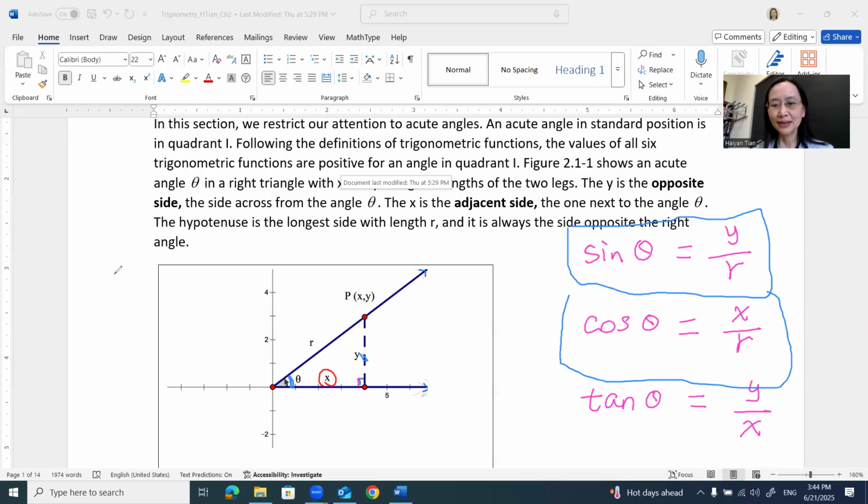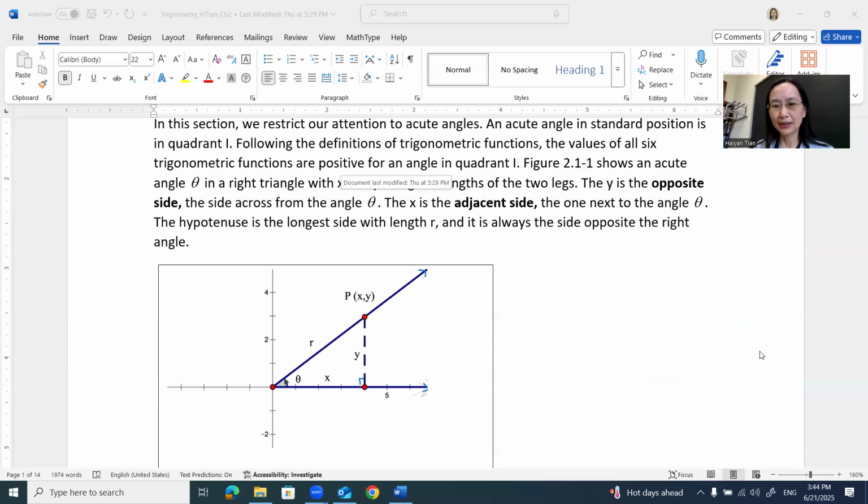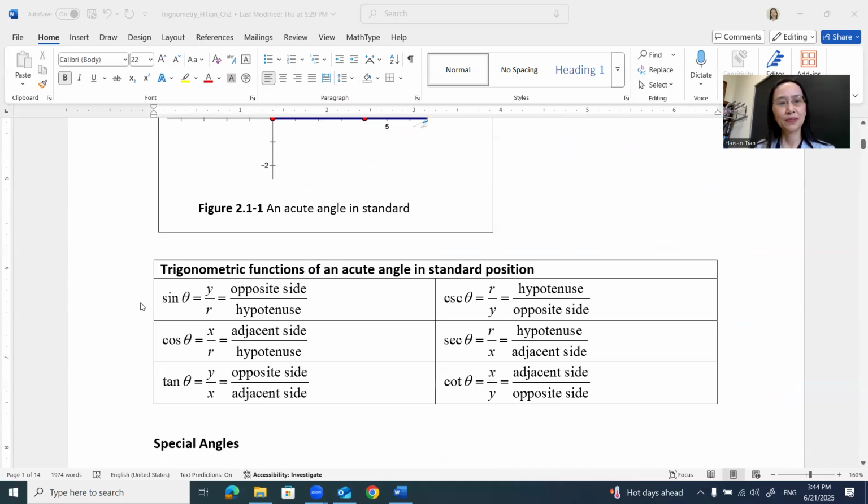And tangent theta, tangent is y over x, right? You see, y is the side opposite theta, over the side adjacent to theta. So that is our tangent value at theta. Using this way, for any acute angle, we can give this definition of sine, cosine, tangent at an acute angle.